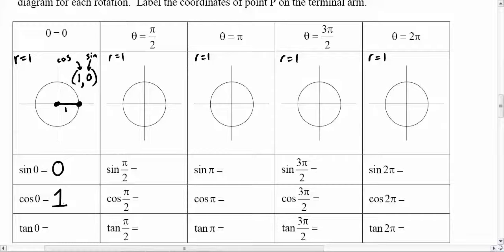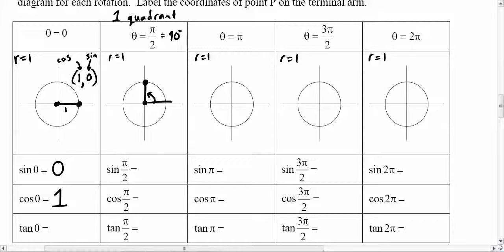If you have an angle of pi over 2, do you remember how many quadrants that is? This is 1 quadrant. Pi over 2 is the same as 1 quadrant. That's the same as 90 degrees. So if your angle is 90 degrees, again, I can't make a triangle there. Anytime you're making a triangle, you're always trying to make it with the x-axis. This would be like an infinite triangle that we talked about at the beginning.